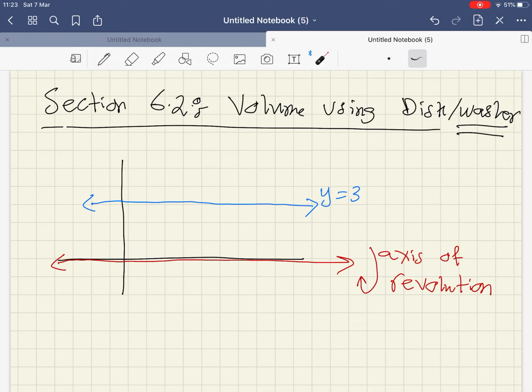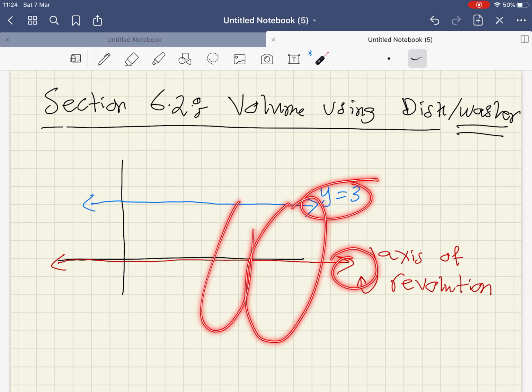Now, imagine with me what will happen. Fix the red line, this one, okay? And take this blue line and take it out of the screen and get it inside again from behind the screen. It's like this blue line will revolve around this axis.